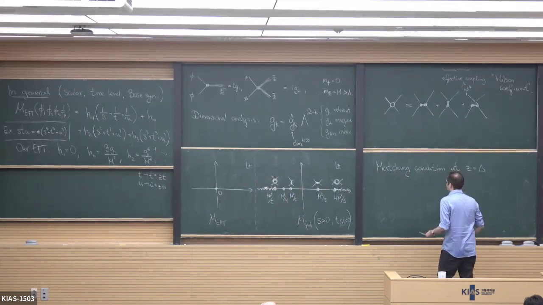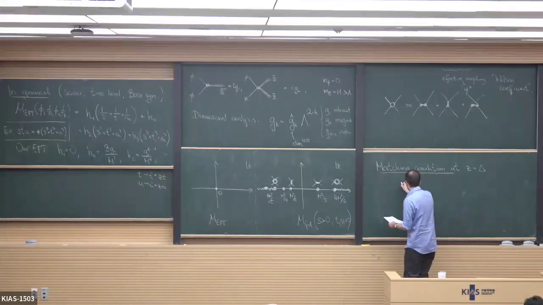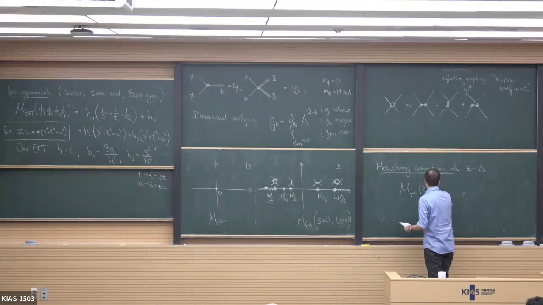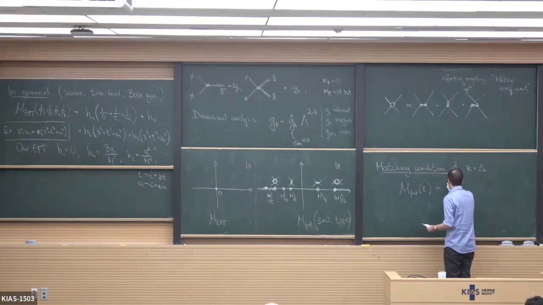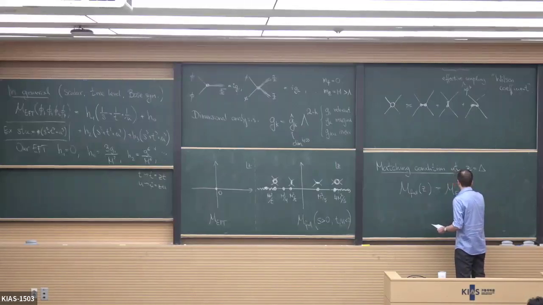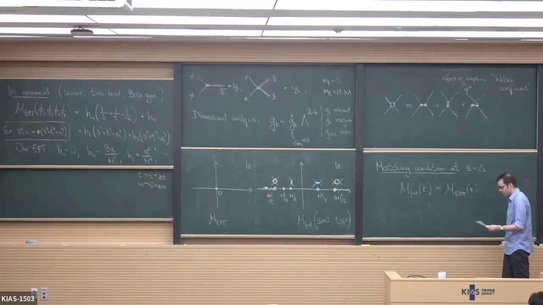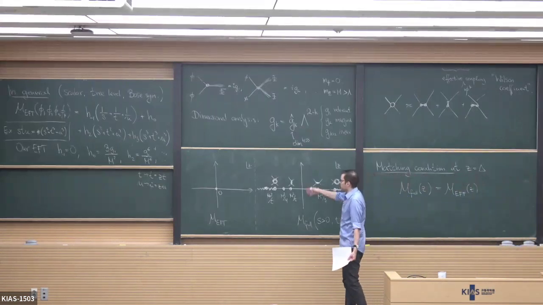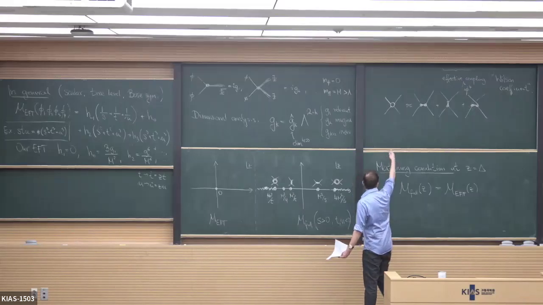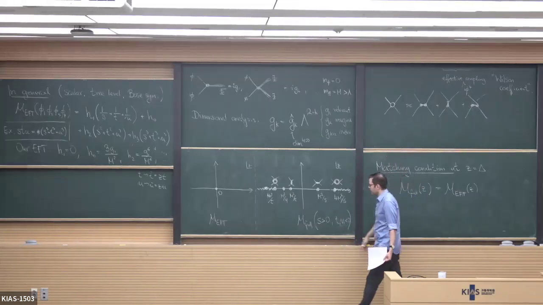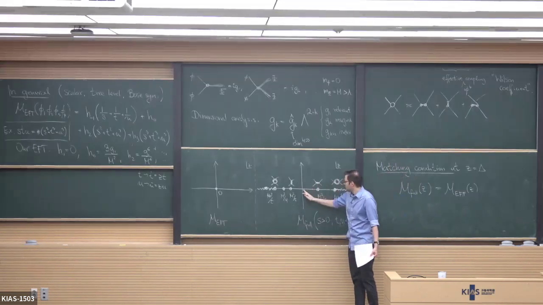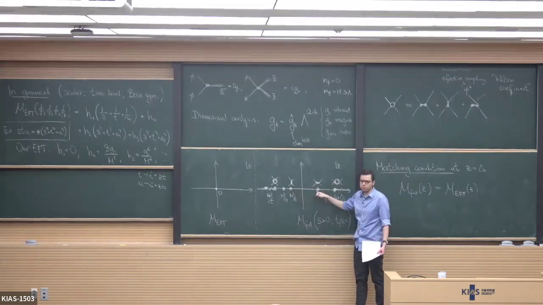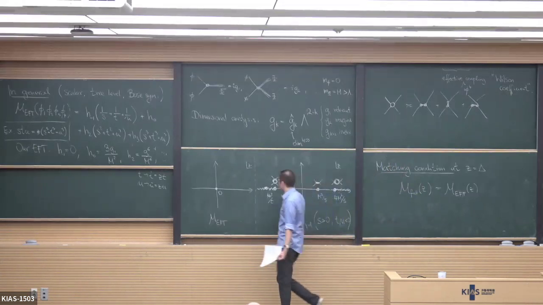So the matching condition is going to tell me that I impose that the full amplitude at some chosen value of z is equal to the EFT amplitude. Where do I have to impose the matching? It's kind of obvious that I have to match below the scale at which new physics enters, which I called capital delta.